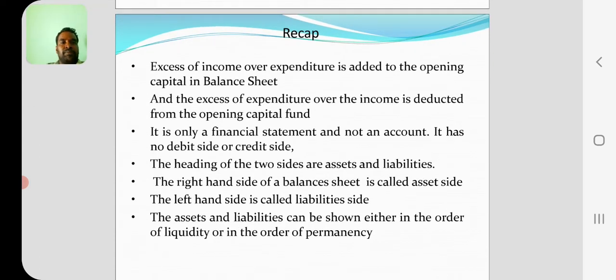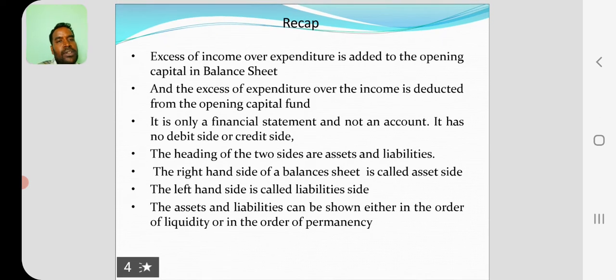Excess of income over expenditure is added to the opening capital in the balance sheet, as already we know, and already in previous classes we solved so many problems regarding finding out the capital fund.